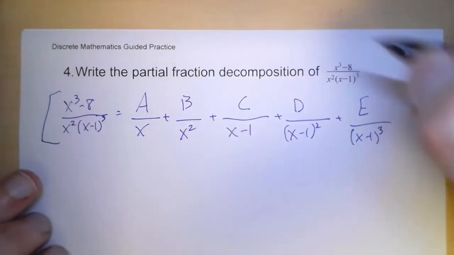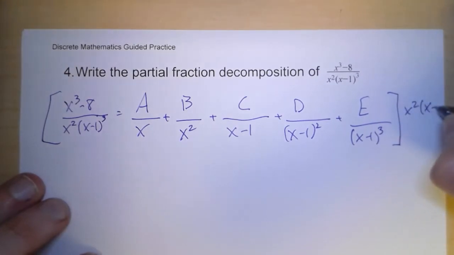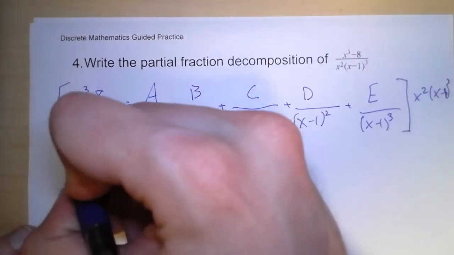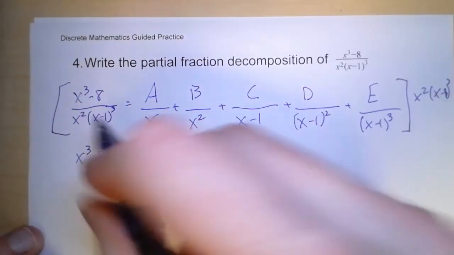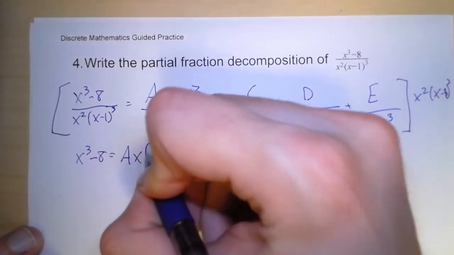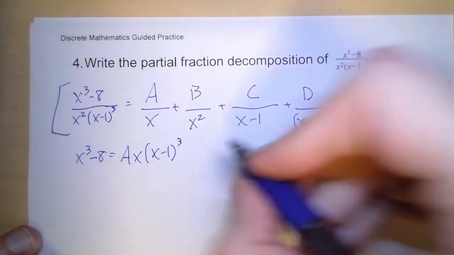So first step, we're going to multiply by x squared times x minus 1 cubed. So that's going to leave x cubed minus 8 over here. One of the x's will cancel, so we're going to have one of the x's and all 3 of the x minus 1 factors.